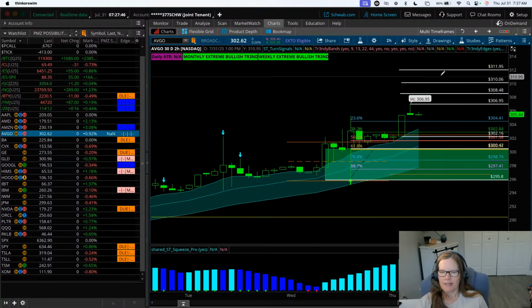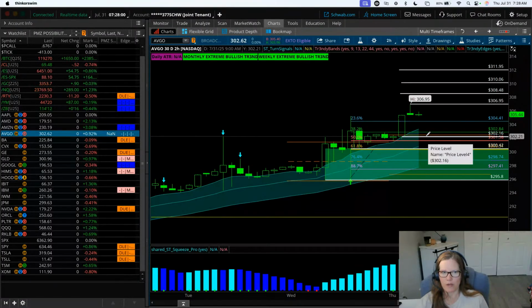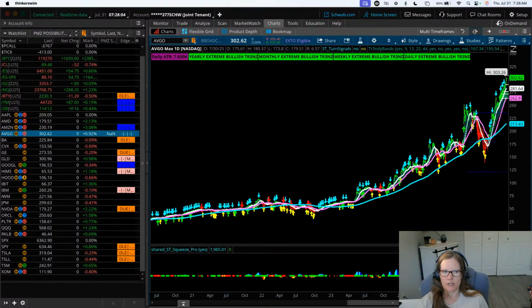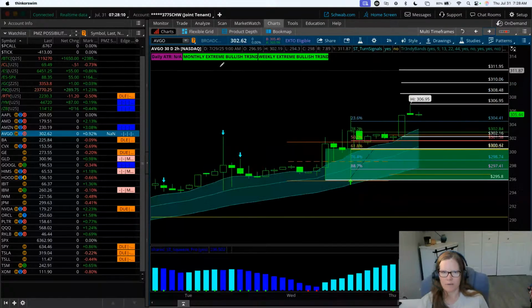So if I look at this, and let's just say I created this as a zone, that would be 310. So that's about $5 to the upside. As far as the downside goes, I got about $3.50 to the downside. And I promise you, AVGO's daily ATR is going to top either one of those upsides or downsides.